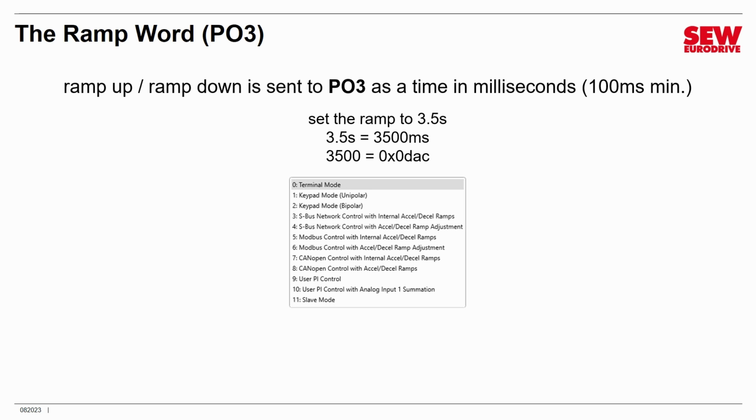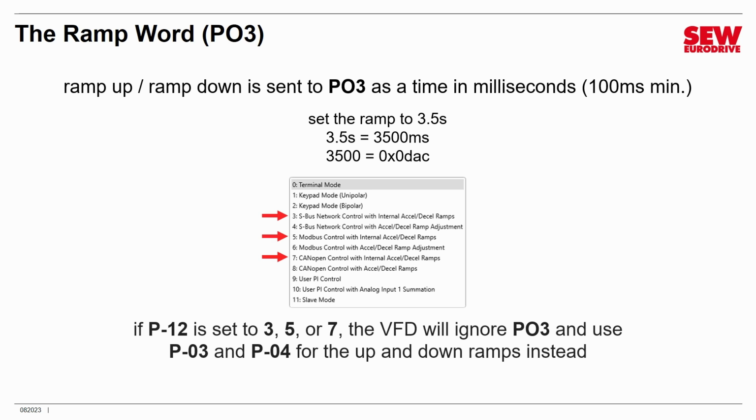We talked about this in our last session when we talked about setting up field bus mode, and remember I said that there were 2 control modes for each field bus type. If you pick 3, 5, or 7, the VFD does not use P03 for the ramp. It uses parameter 03 and parameter 04 in the VFD for up and down.